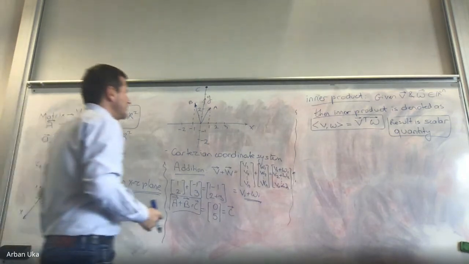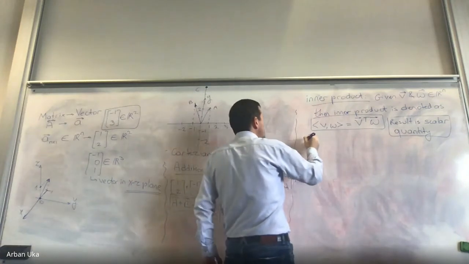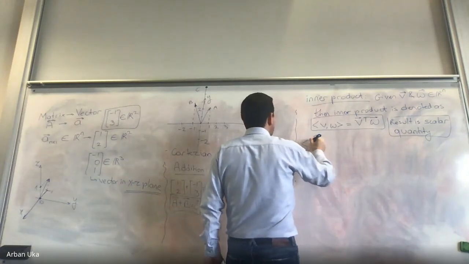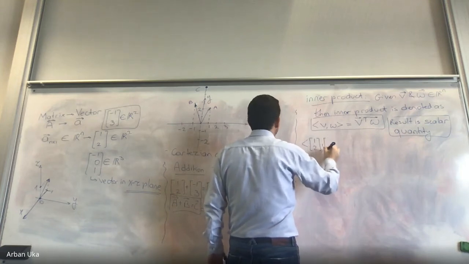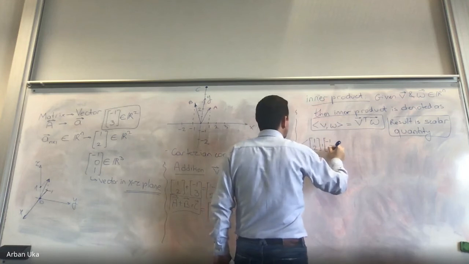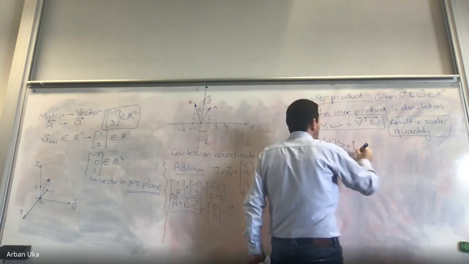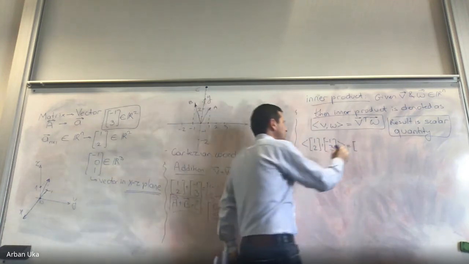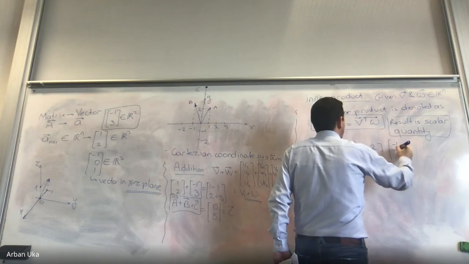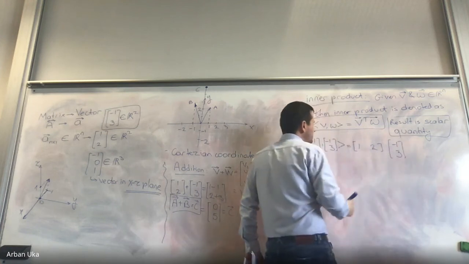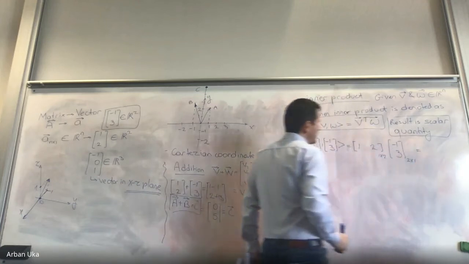Now we can use these numbers here. For example, we can take the inner product of (1, 2) with (-1, 3). If we follow the definition, this is 1 by 2 times 2 by 1.